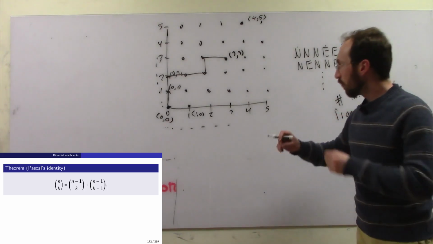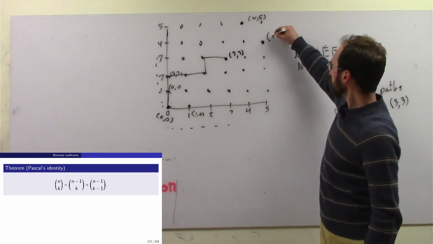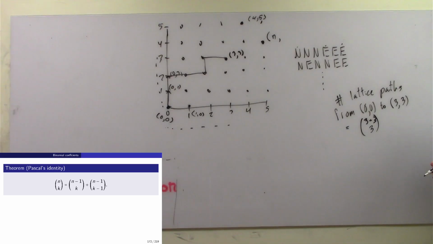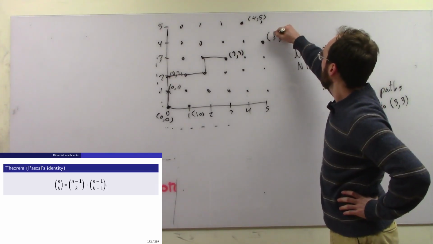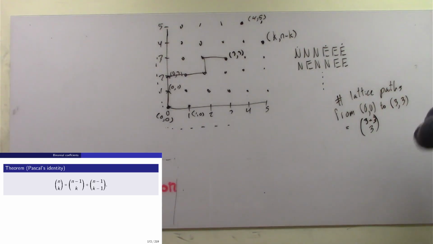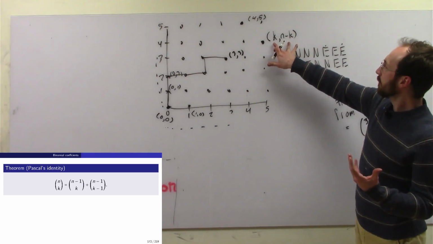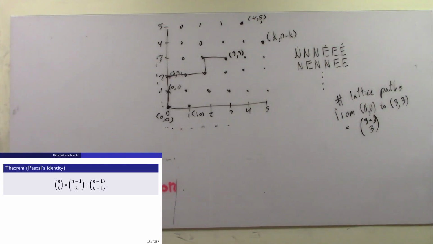So we can actually figure this out in general. If I want to go to, say, the point, let me make sure I'm doing this one right. Yes. Thanks, John. Yes, absolutely. I might want to figure out the paths from 0,0 to k, n minus k.